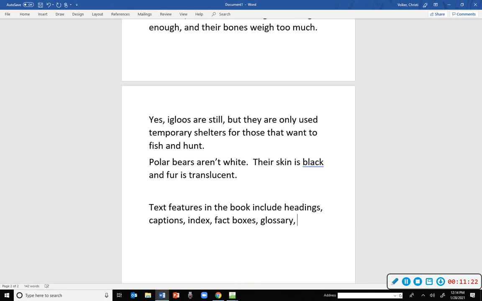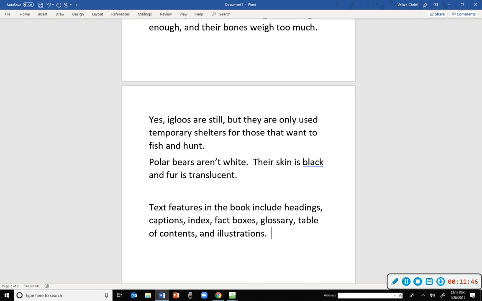Anything else? Yeah, there was a table of contents in there. Is there one more you can think of? Illustrations. Good. They had a lot of extra illustrations, right?